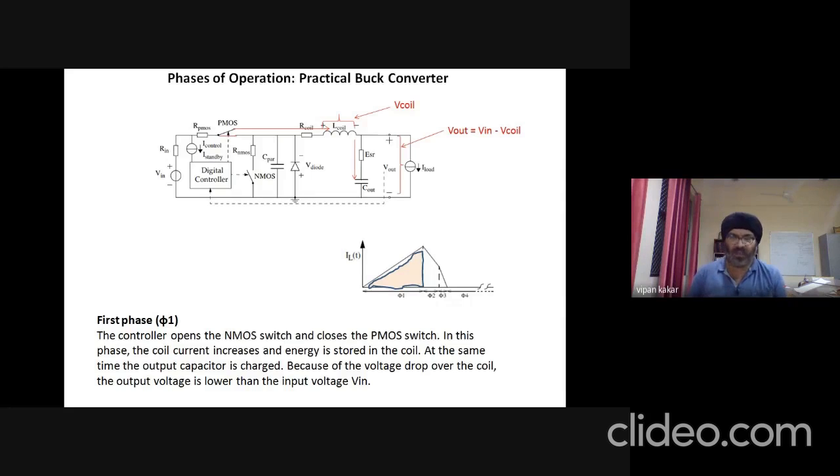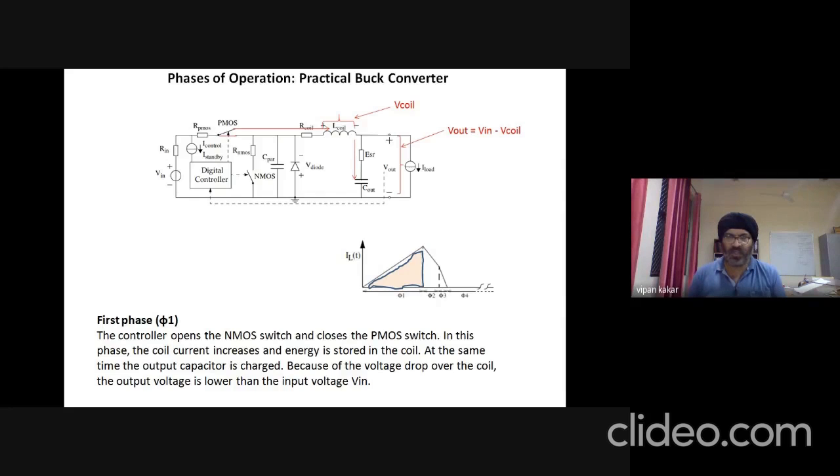Using Kirchhoff's voltage law, I'm simplifying this operation here, not taking all the voltage drops in each and every component. In practice, we actually calculate the voltage drop at every component. But within the scope of this course, we have to go for the basic principles. Still, I'm giving you a practical buck converter here.